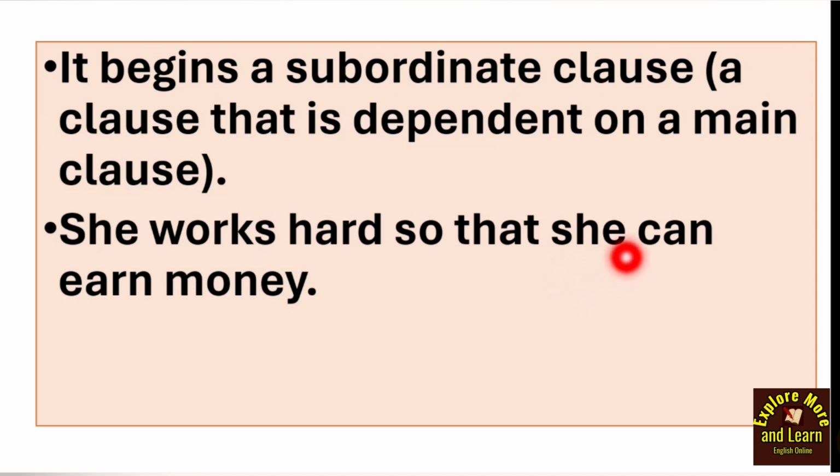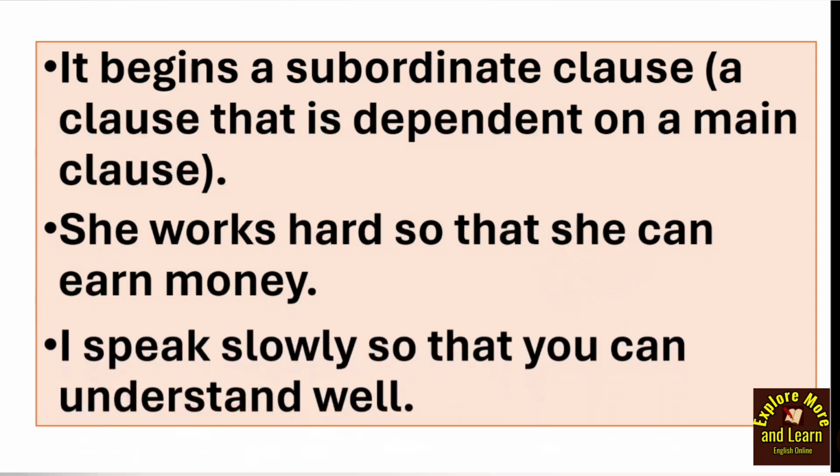Now another example: I speak slowly so that you can understand well. So here again we have two clauses. I speak slowly is the main clause, which is not dependent on any other clause. But you can understand well is the subordinate clause, and it is dependent on the main clause. I speak slowly.